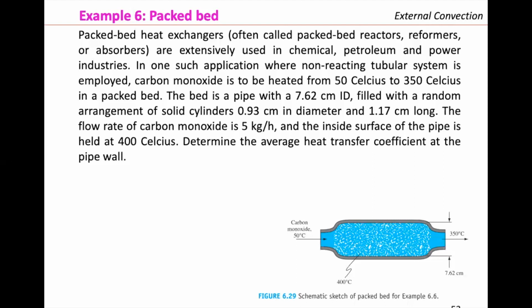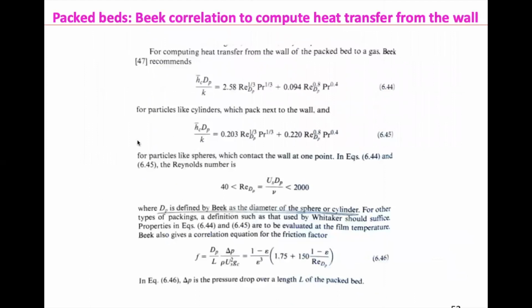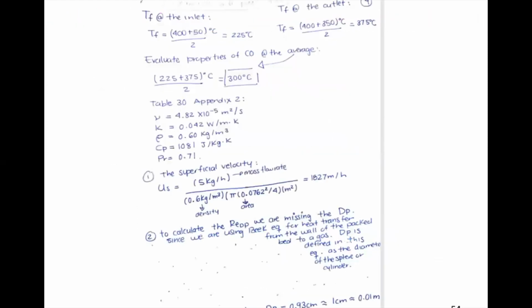Determine the average heat transfer coefficient at the pipe wall. So we want to know the average heat transfer coefficient at the pipe wall. That means we are going to use the Beek equation, because the Beek equation is a correlation that helps us evaluate the heat transfer from the wall of the packed bed, right?